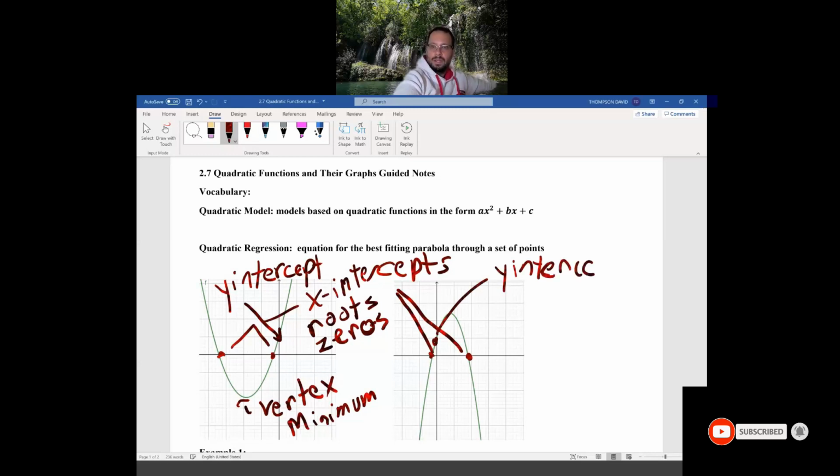We have our maximum or vertex, because this one's upside down. And that was off the mirror feature of our parabola.